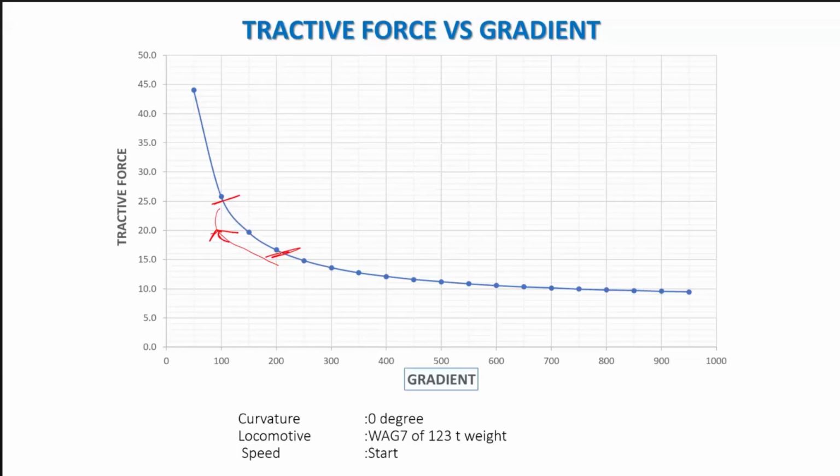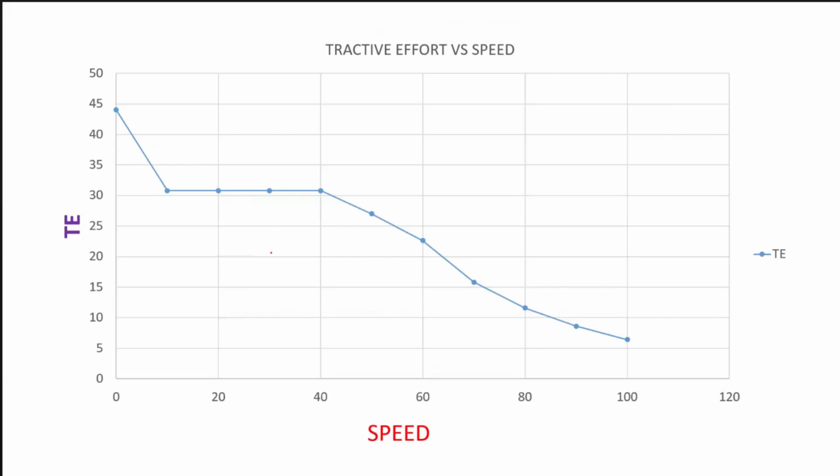Higher tractive force means more locomotives or higher axle loads, so we will require a higher tractive force engine. Our bridge will also take more longitudinal force, so the bridge will also be critical in that condition, which we have to understand. Similarly, in the graph between tractive effort and speed, we can see that initially, to break the static component, more tractive force is required.